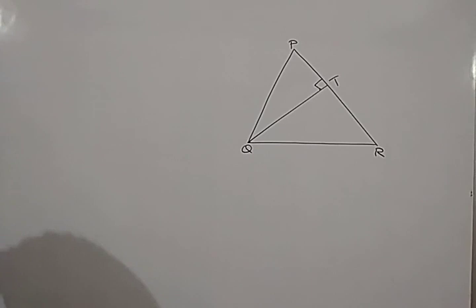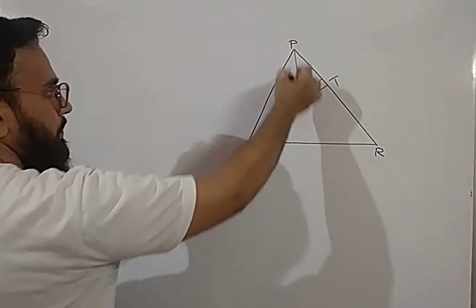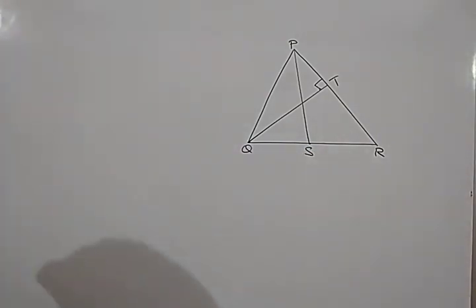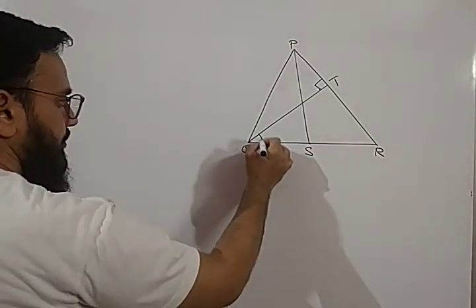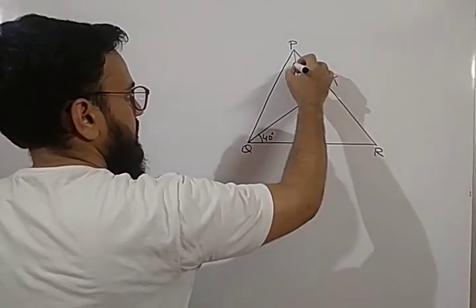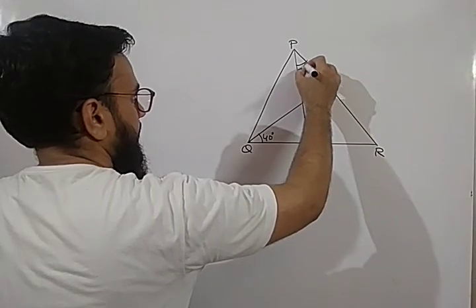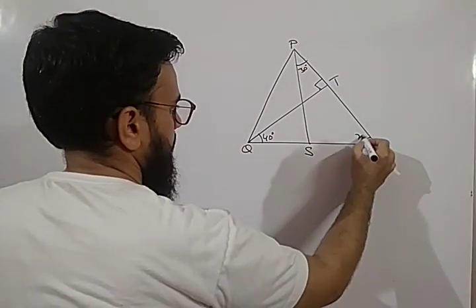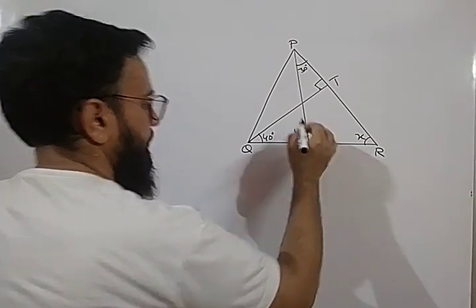And one more thing is given: this line PS is drawn. This angle is given as 40 degrees, and this angle is given as 30 degrees. This is angle X and this is angle Y.